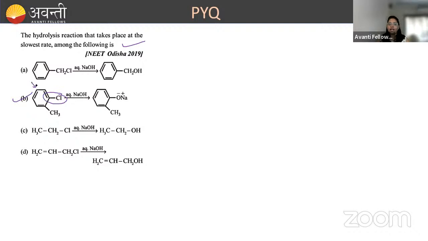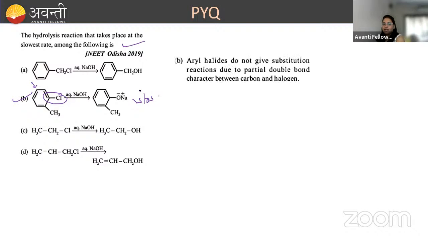If there is any electron withdrawing group present, then only the reaction is going to take place. So that's why this is the slowest. अगर यहाँ पे इलेक्ट्रॉन विड्रॉइंग ग्रुप होता तो ये रिएक्शन हो सकती थी, नहीं है तो नहीं हो सकती. Aryl halides do not give substitution reaction. न्यूक्लियोफिलिक सब्स्टिट्यूशन रिएक्शन के लिए वो स्लो हो जाते हैं. इलेक्ट्रोफिलिक सब्स्टिट्यूशन वो देंगे लेकिन न्यूक्लियोफिलिक सब्स्टिट्यूशन वो नहीं देंगे.